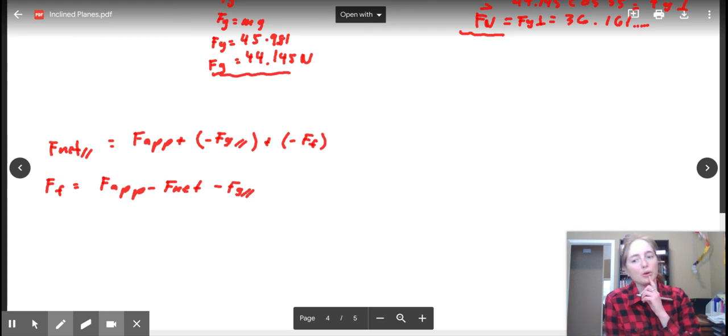So let's start thinking about the components that we're going to need here. Well, my F net is ma, so I am going to just put that in there.